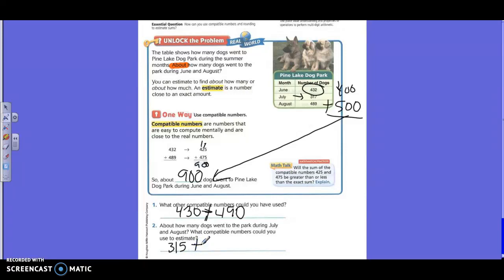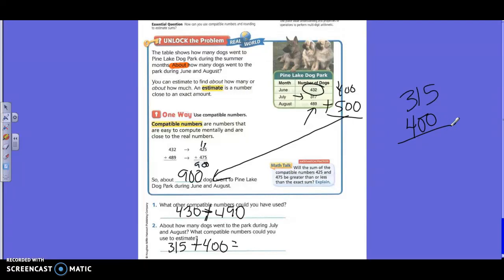Then what could we do for August? We could maybe round to the nearest 100 and do 400, okay? All right, so I'm going to add 400 and 315. If you guys need to, also write it over here on the side so you can add it. I like to stack and add.